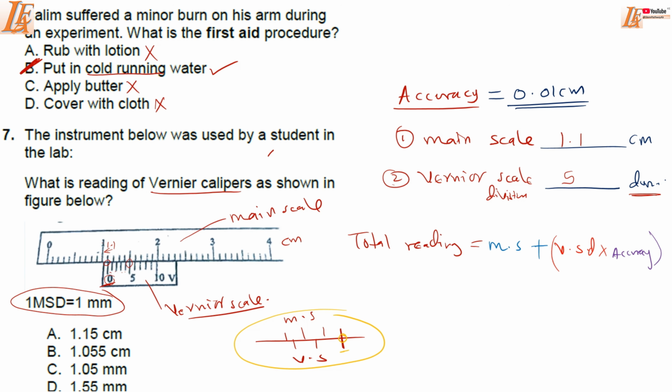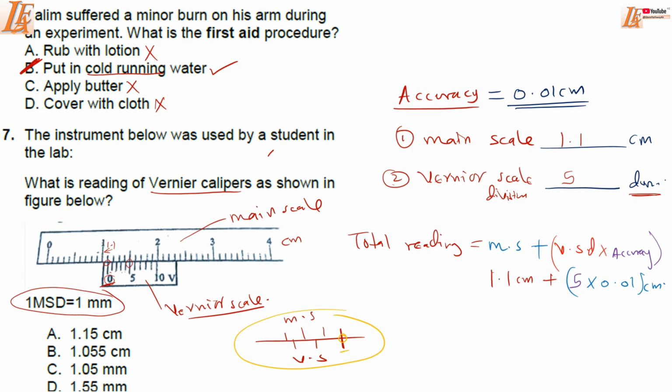Therefore, in this case now, for us to get the total reading, we have to take the main scale, which is 1.1 centimeter, plus the number of divisions of the vernier scale, which are 5 divisions. We said we must multiply it with the accuracy 0.01 centimeter.